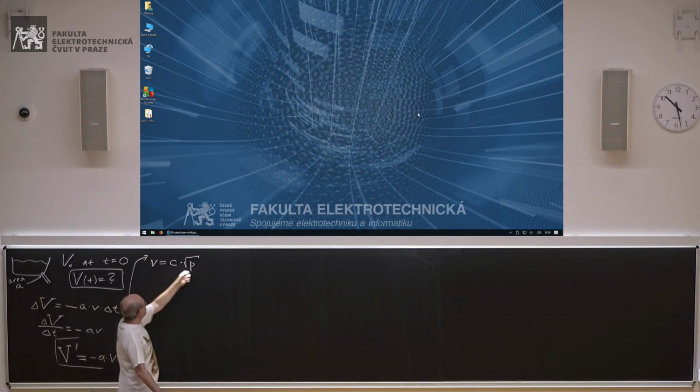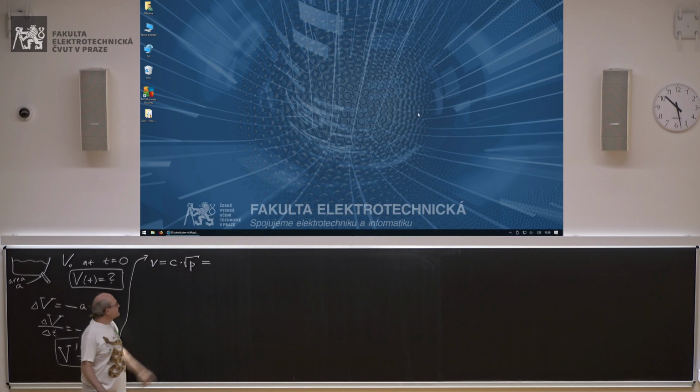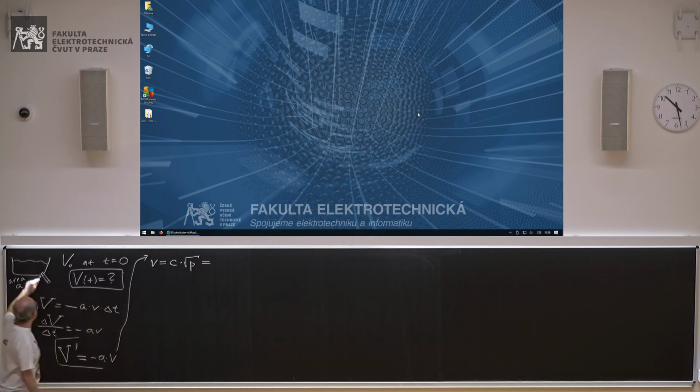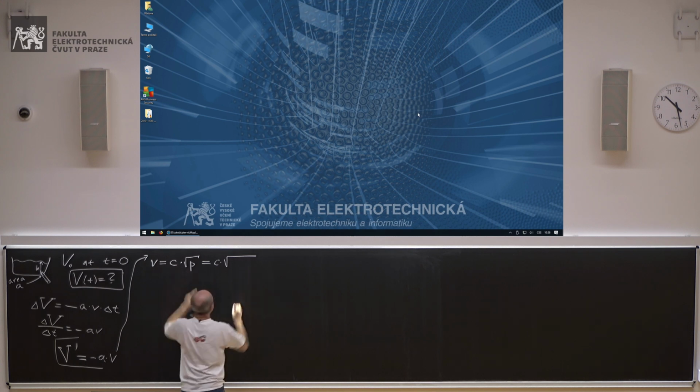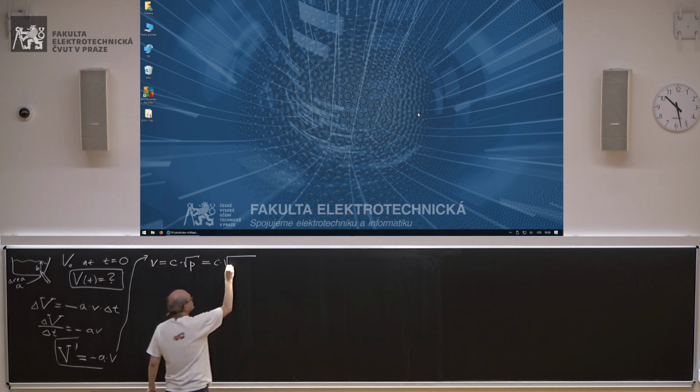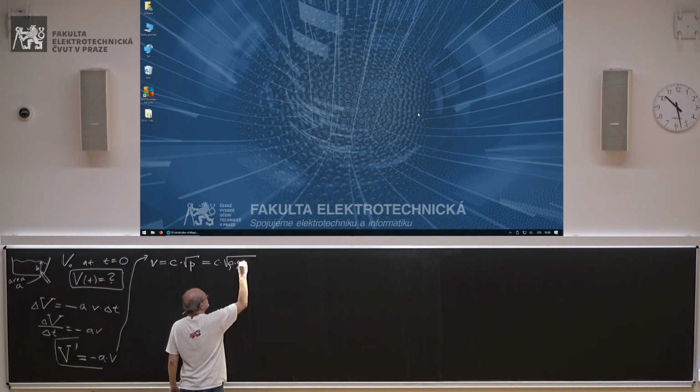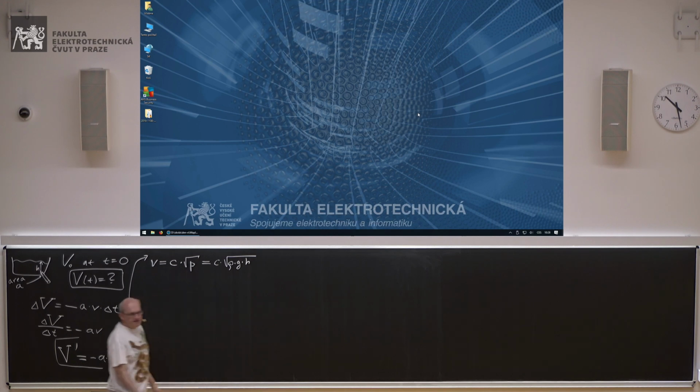Water. Let's make it water. When I was at elementary school, they taught me that the pressure here is caused by the water column which is above it. So this height is very important. And the formula actually reads: the hydrostatic pressure is the density times gravity times h, which is the distance between the hole and the water level. So far so good.